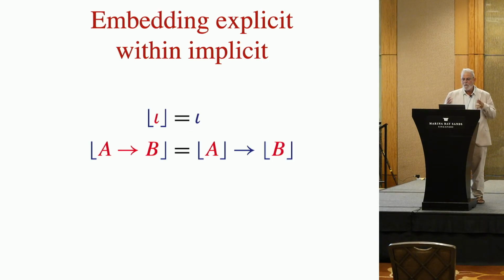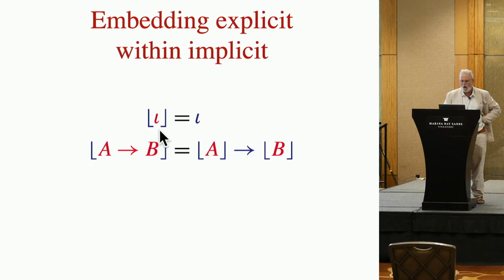So now what I want to do, right? There are two things you might want to do, right? You might have some explicit code that you want to put inside some implicit code, or vice versa. And we'll need some other translations on types for that. So if I want to put some explicit things into these are my implicit types.